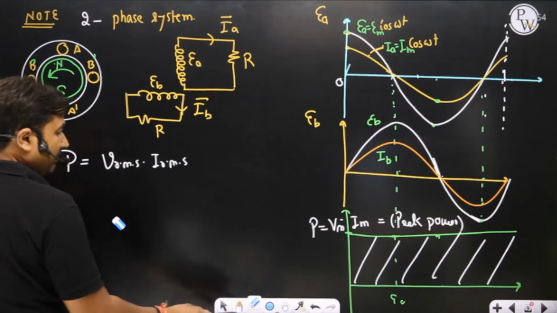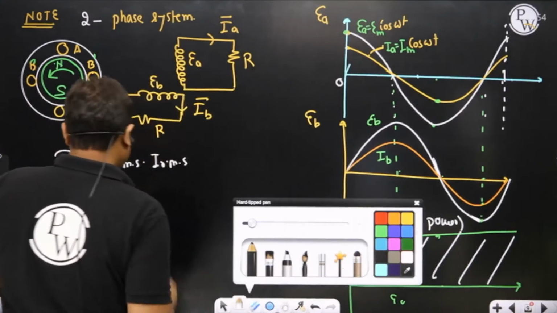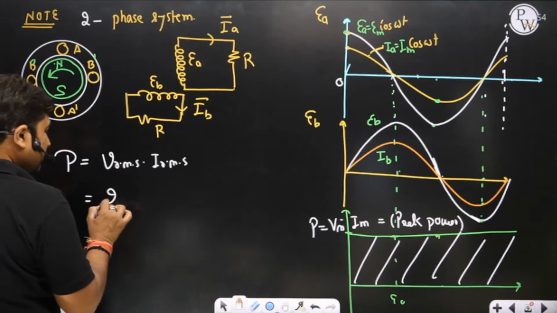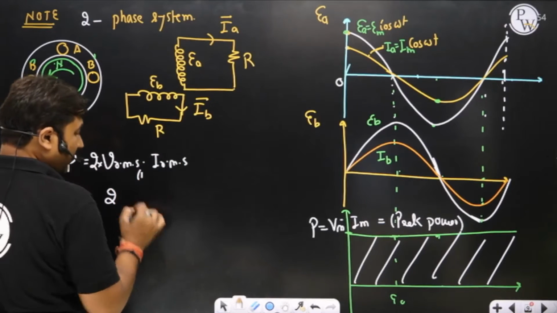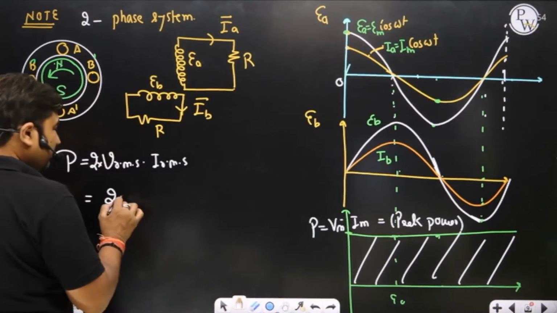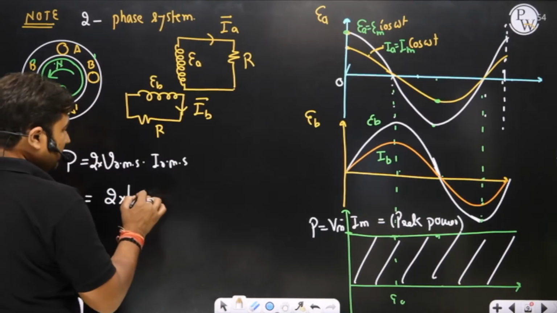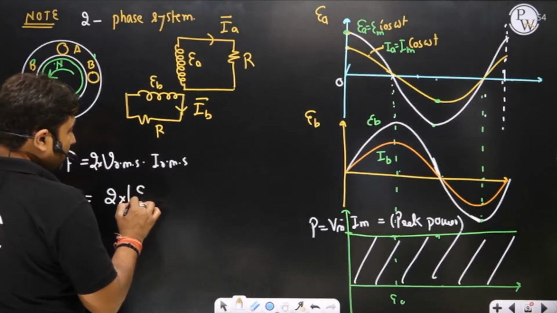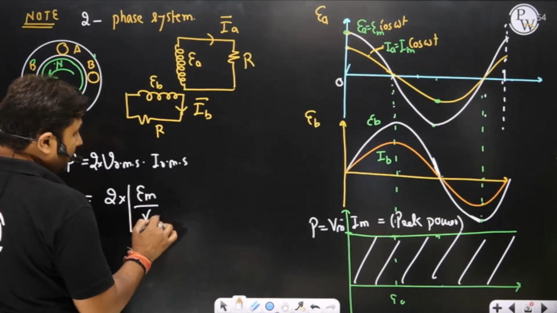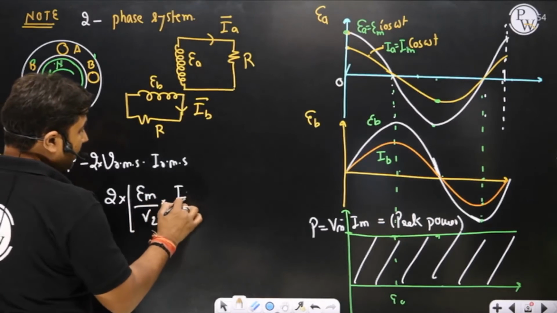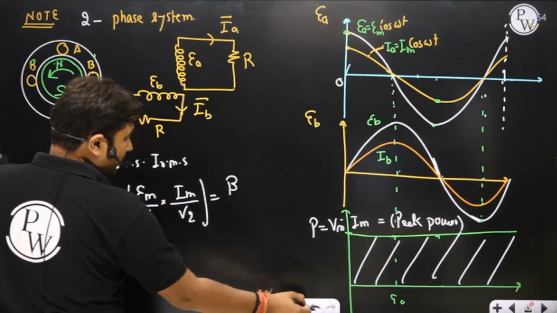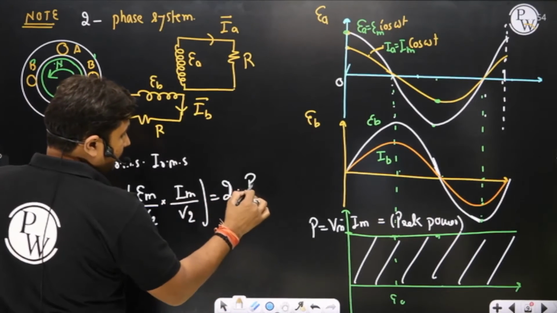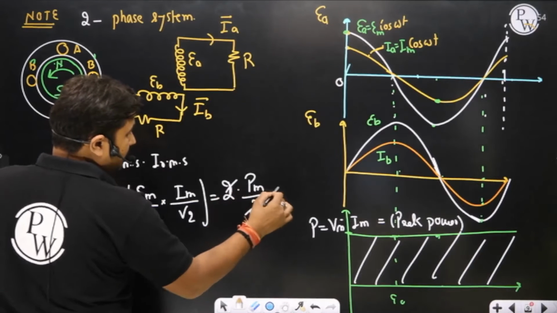Sir, effective power in a two-phase system is twice of Vrms into Irms per phase. So what is Vrms per phase? Sir, that will be equal to Em by root 2 into Im by root 2. So this will become Pm by 2, Pm by 2, that is Pm, sir.